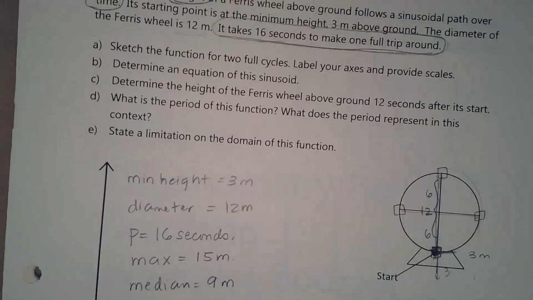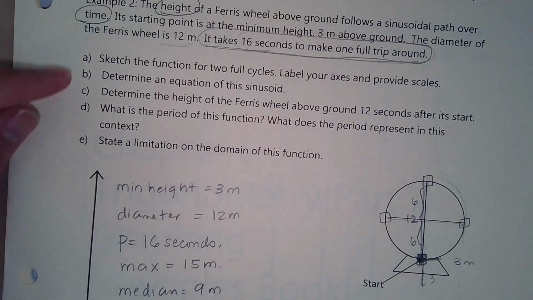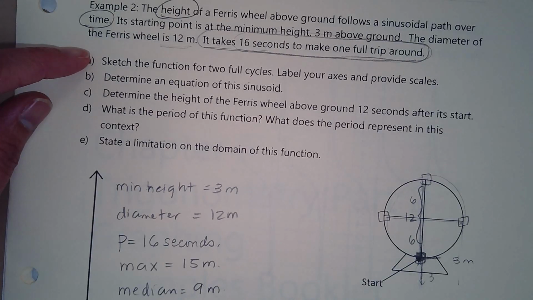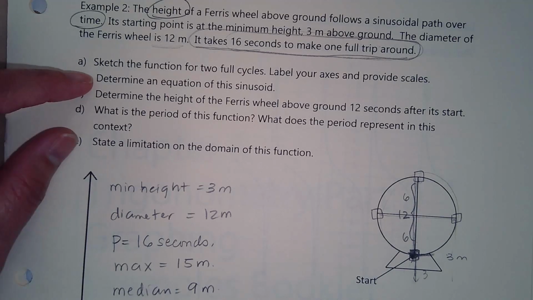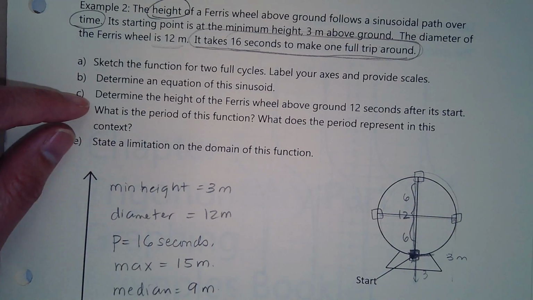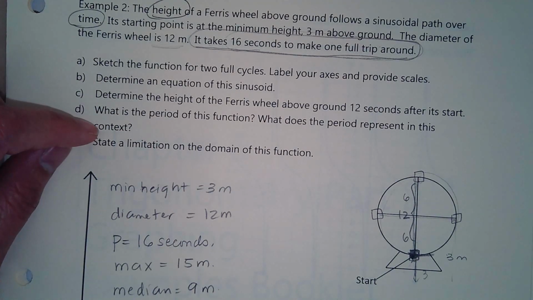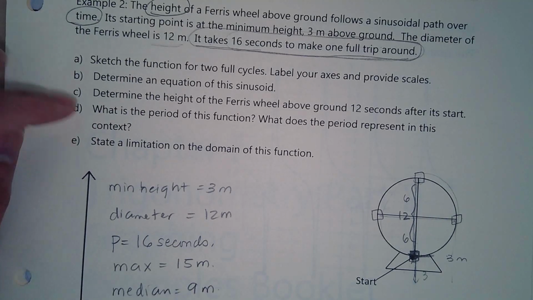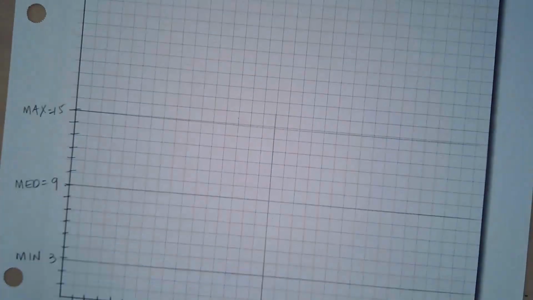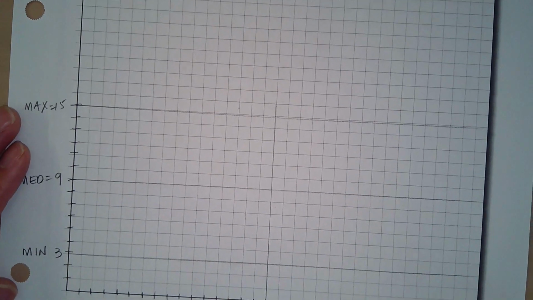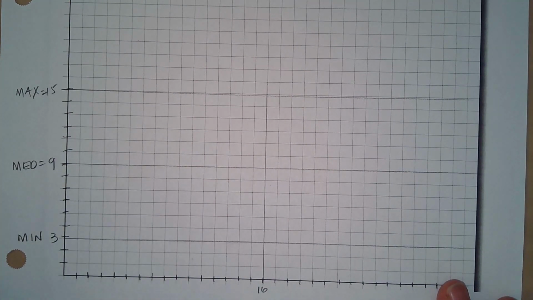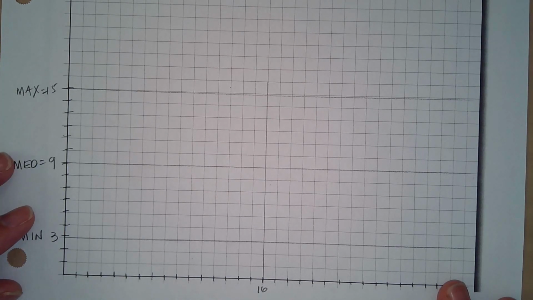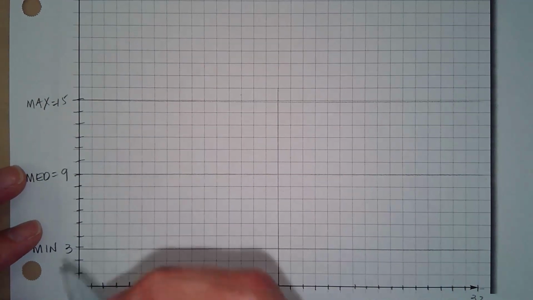I'm going to read the rest of the question first. Sketch the function for 2 full cycles, determine the equation of the sinusoidal, determine the height of the Ferris wheel above 12 seconds, what is the period of this function, state the limitation on the domain. Now, when we ride the Ferris wheel, we start at the minimum at 3. Okay, so we start at 3.